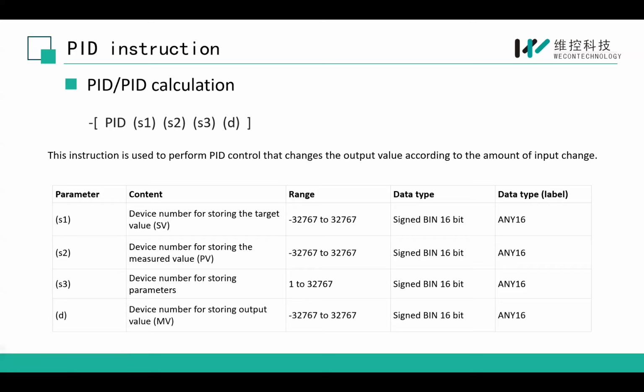And the third is for storing the PID control parameters. And the last parameter is for storing the output value. We can use this value with the PID PWM instructions to control some controller, something like SSR.